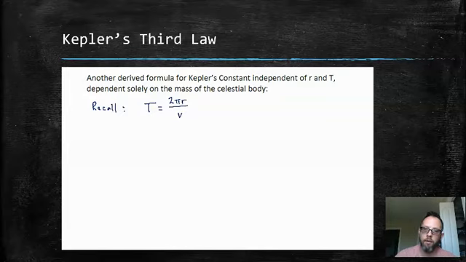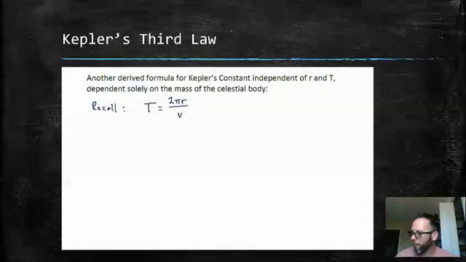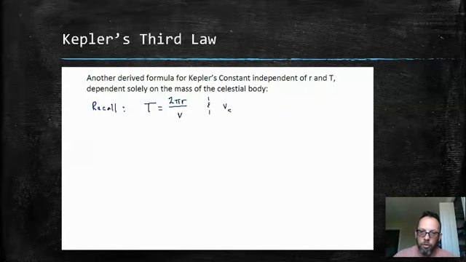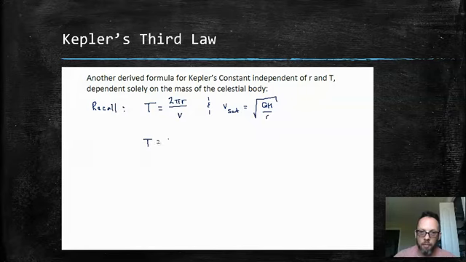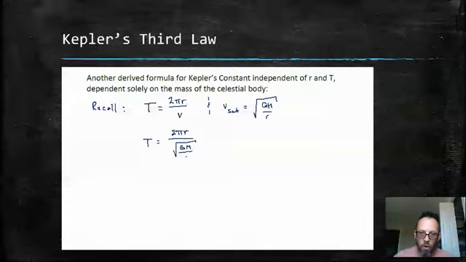Now, again, we understand the motion of the planets is an ellipse, but we're convinced that a circle is a good approximation for that. And from our work earlier too, we know that the speed of a satellite is the root of GM over r. So if we combine those two things, we get that the period equals 2 pi r over the root of GM over r.